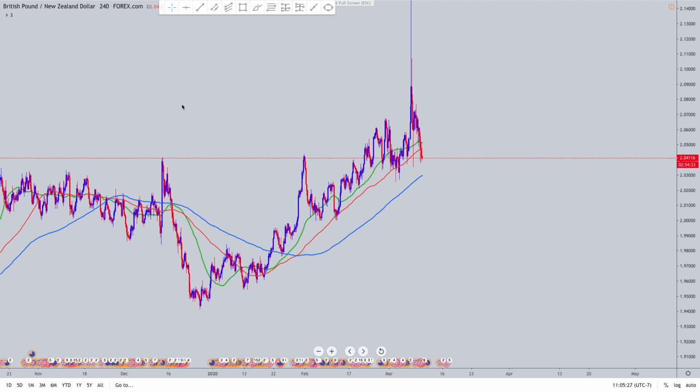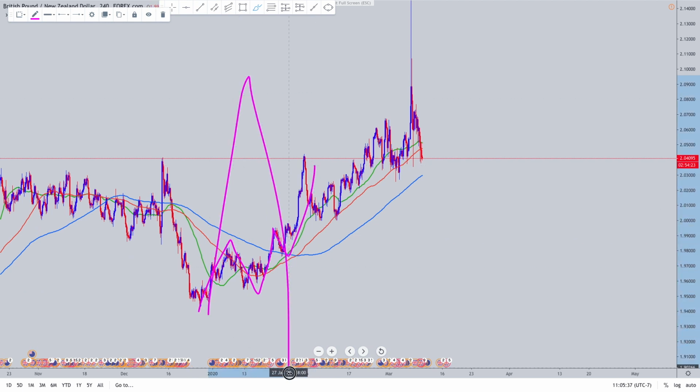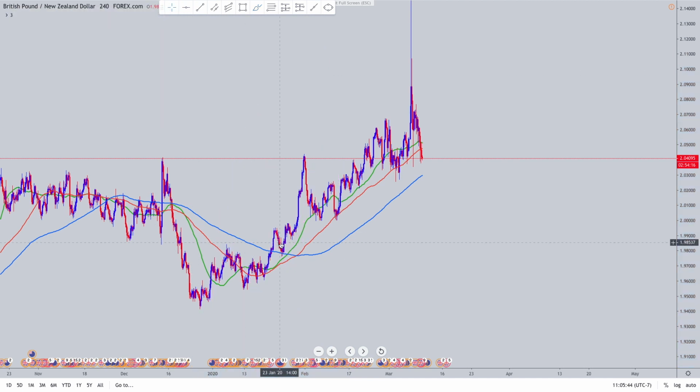Basically, how it works is the market moves in waves, right? It goes up, down, up, down, up. It doesn't go straight up, straight down, straight up, straight down. So in these waves, and in a trend, there are pullbacks, and you can use these levels and ratios to help predict where the pullback will end, and where it will start continuing back onto the trend.